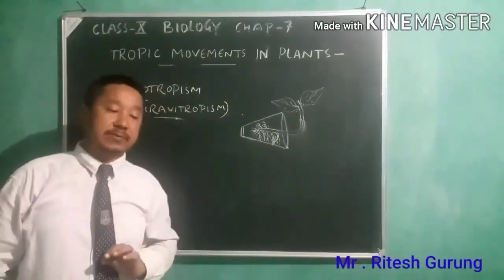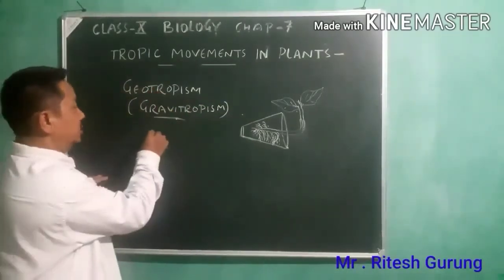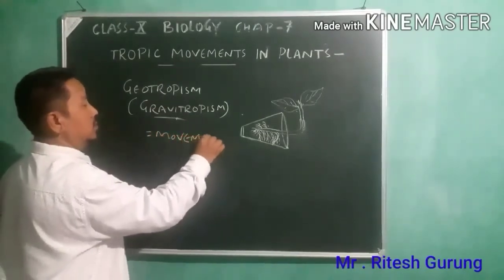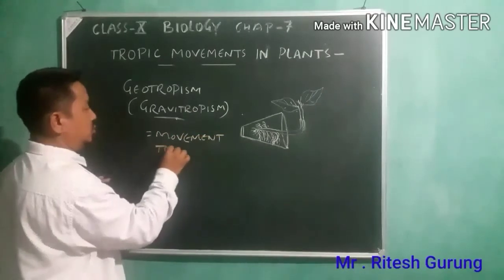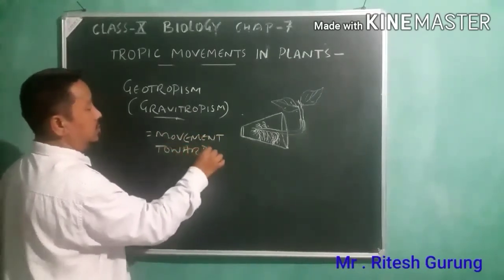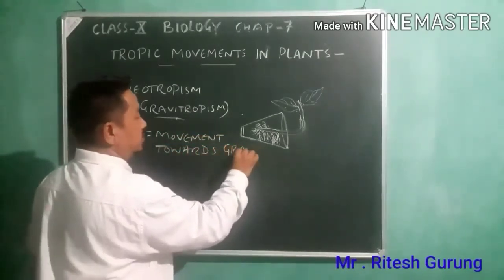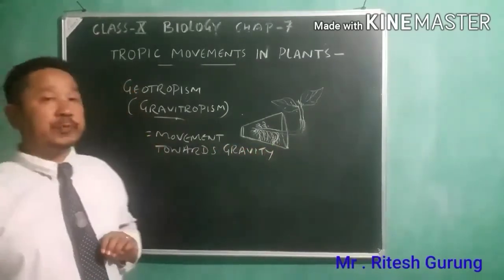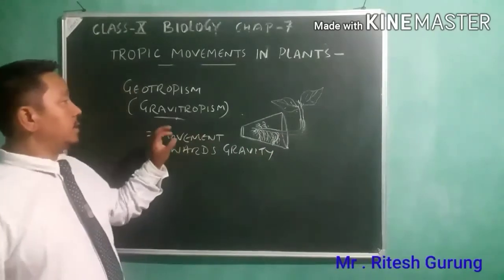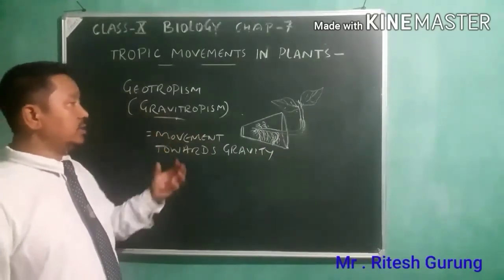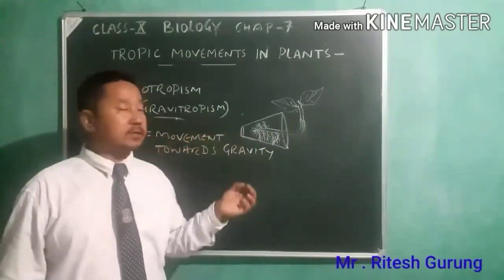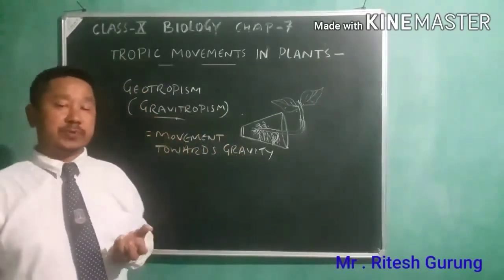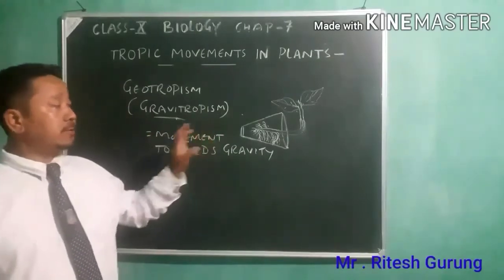Geotropism or gravitropism means the movement towards gravity. Okay, so movement shown by the plant parts towards gravity, that is called geotropism. Clear?